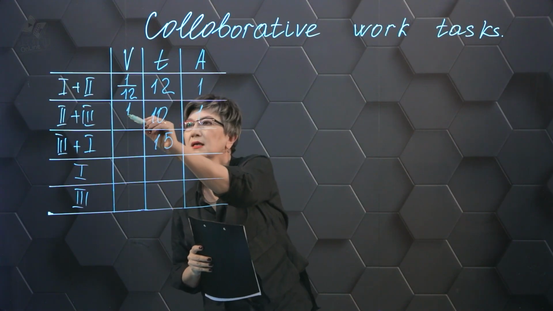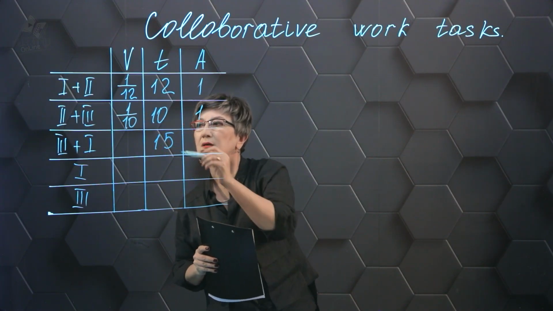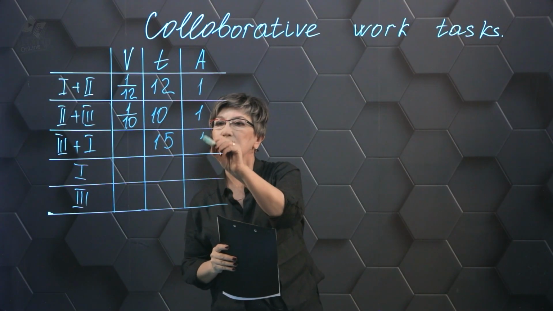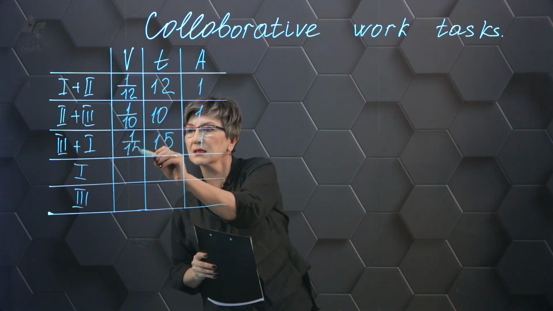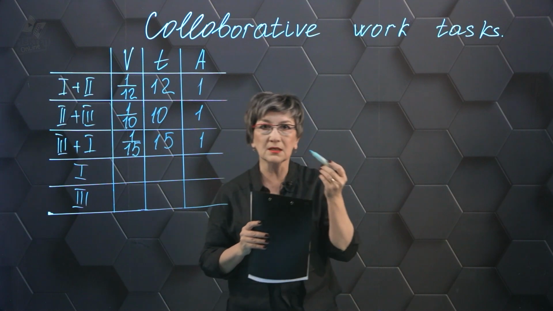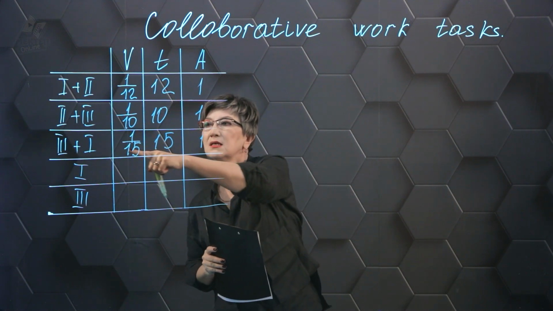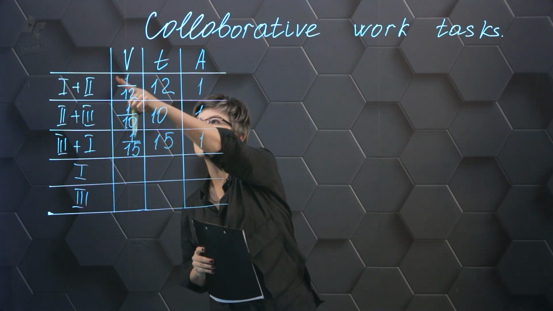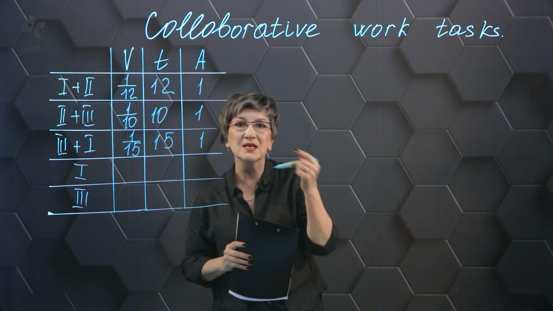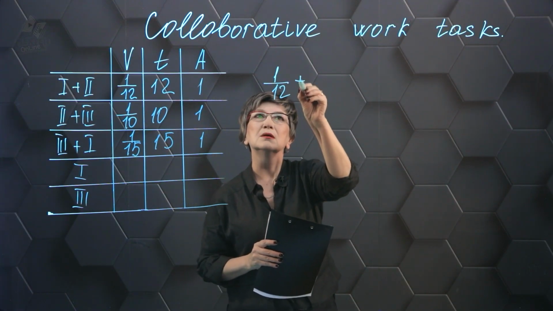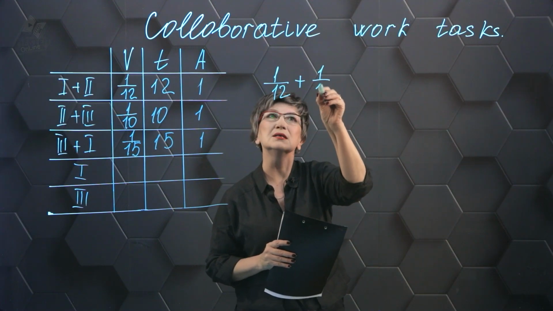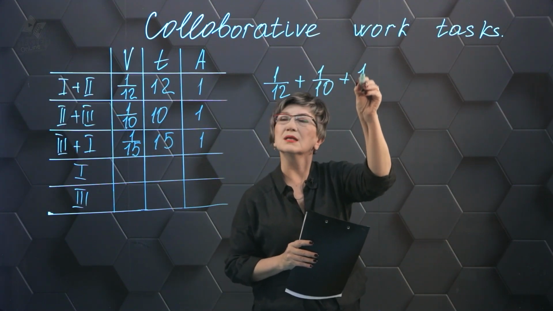That's 1/10. And I can find the productivity of the third and first company. That's 1/15. Then I can find the productivity of these companies together. I need 1/12 plus 1/10 and plus 1/15.